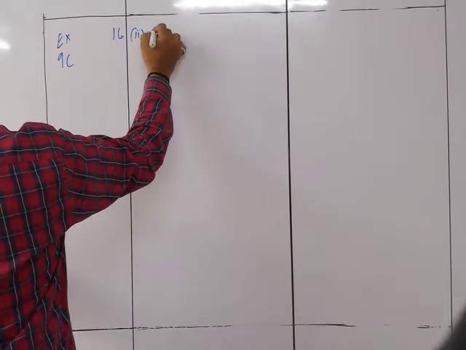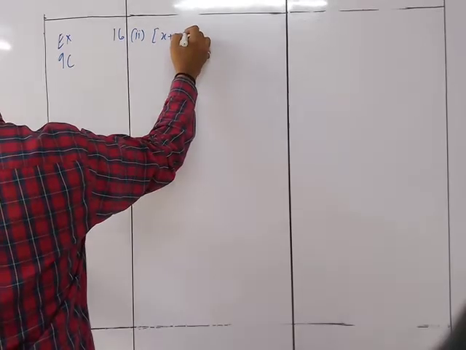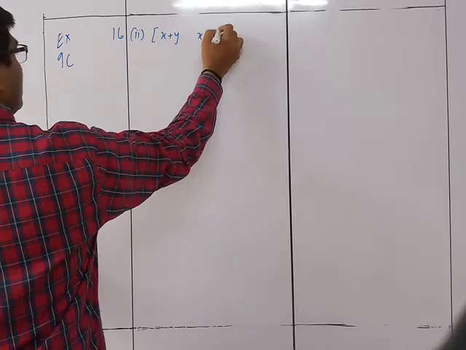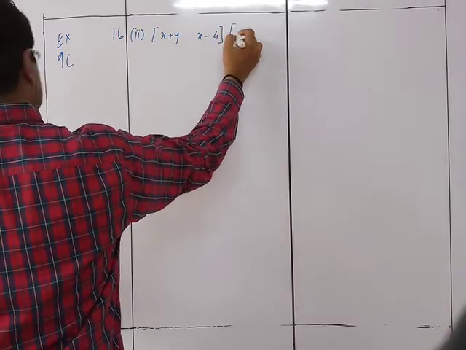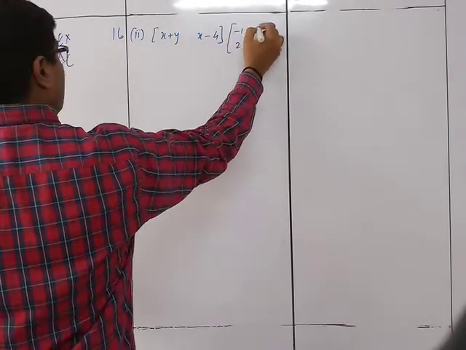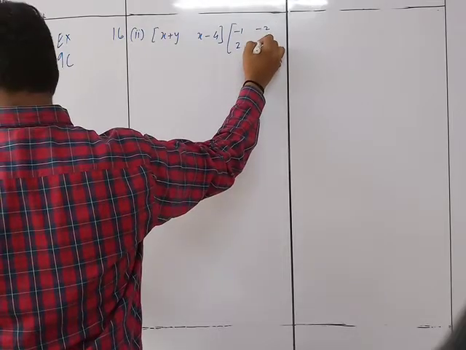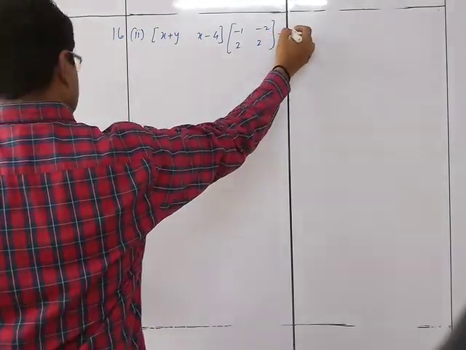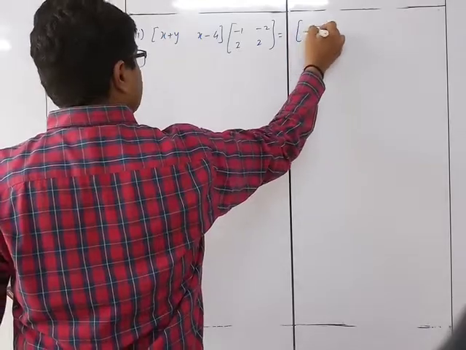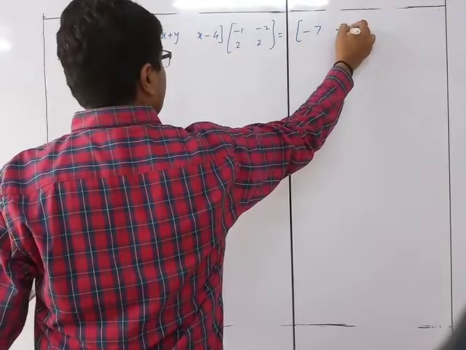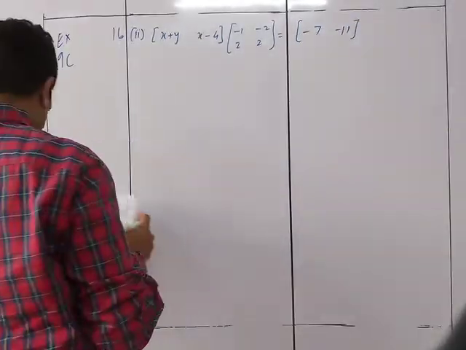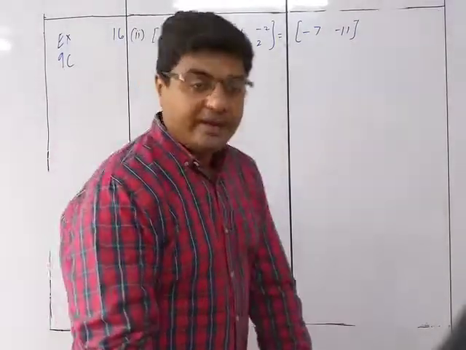It is given that [x plus y, x minus 4] times [minus 1, 2; minus 2, 2] is equal to [minus 7, minus 11]. We need to find out the value of x and y.